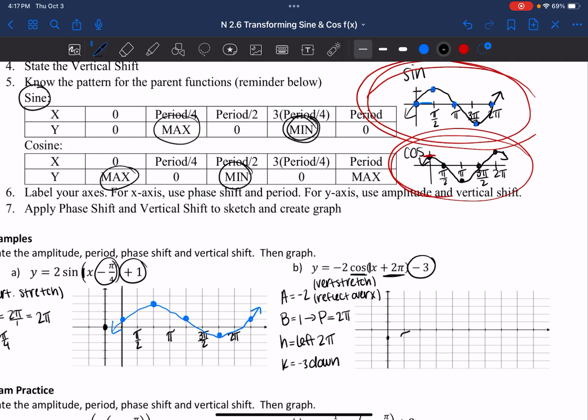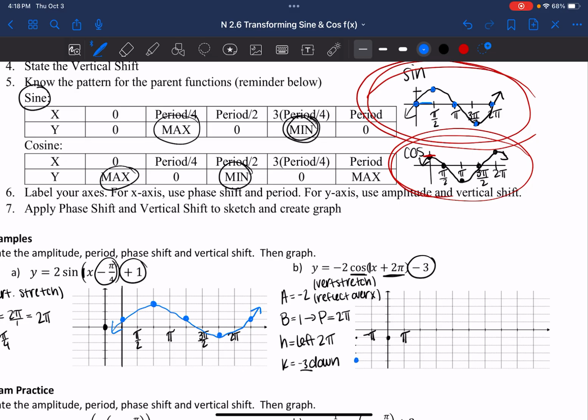So I'm going to say that this is pi and that this is -pi. So if I shift left 2 pi from the y-axis, then I would move to -pi all the way over here to -2 pi. But then I'm also told to shift down 3 units. So that would put me here. So my new starting point is here.